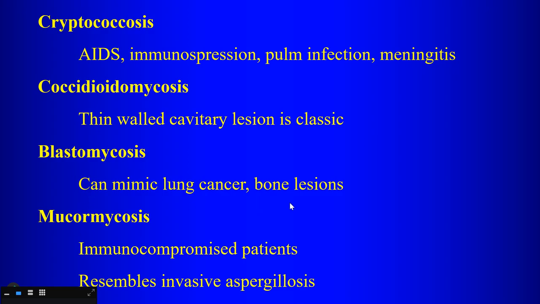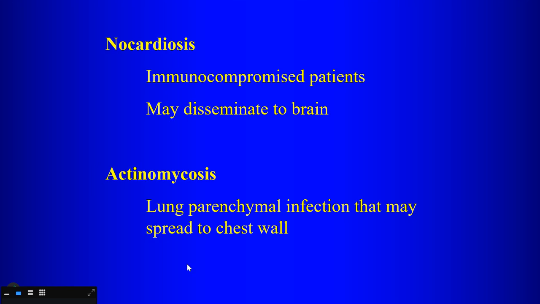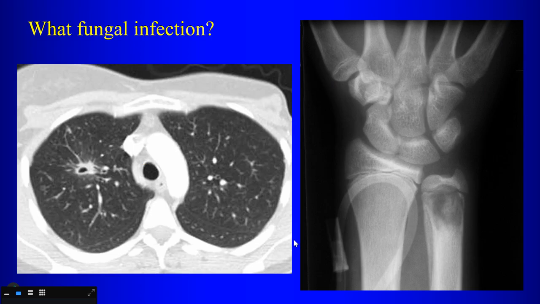Blasto can mimic lung cancer, bone lesions. This one is associated with osteomyelitis. And mucormycosis, usually in immunocompromised patients, resembles invasive aspergillosis. Nocardiosis, immunocompromised patients, may disseminate to brain. Actinomycosis, lung that involves the chest wall.